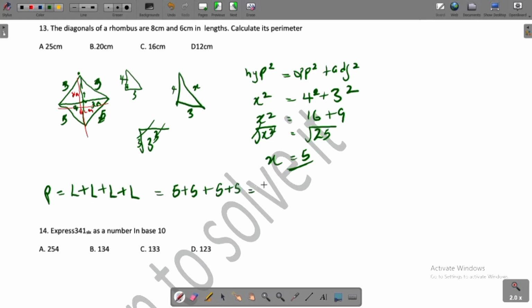That's 20 centimeter. And if you like, you can just say 4L, that is 4 times L. That's 4 times 5. You have your 20 centimeter. So that's the solution to question 13 of the 2020 examination.